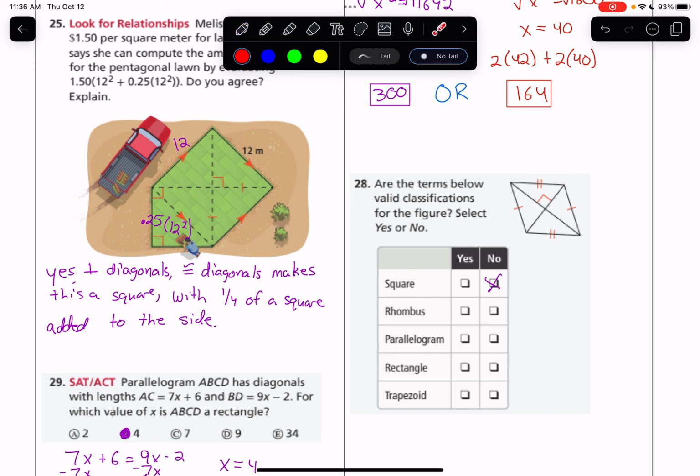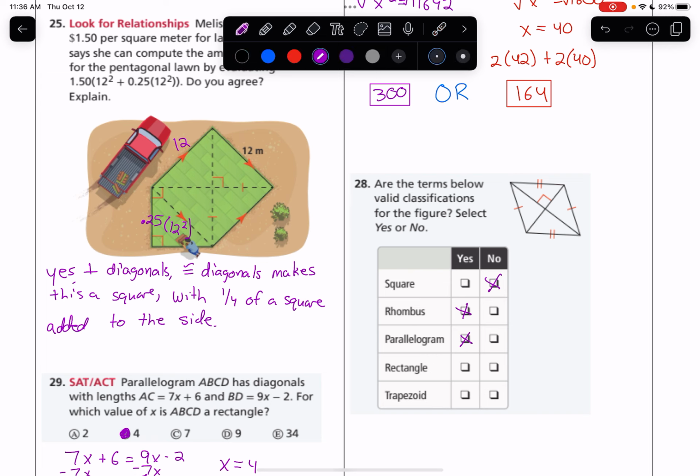Is it a rhombus? Well, if it's a rhombus, it's going to have perpendicular diagonals, and it's going to be a parallelogram. This is a parallelogram. It has perpendicular diagonals. So yes, this is a rhombus. Is it a parallelogram? It is. We've said that a couple times already. Is it a rectangle? If it's a rectangle, it's going to need to be a parallelogram with congruent diagonals.